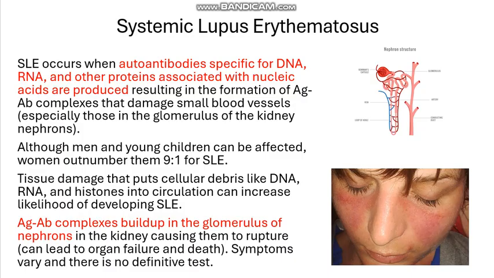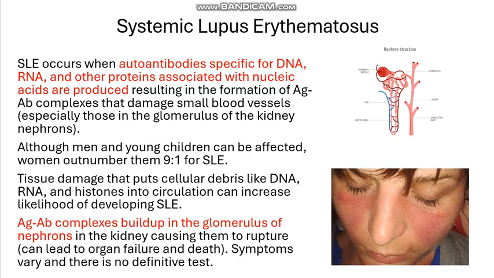So they don't actually enter the filtrate whatsoever. But when these antigen-antibody complexes in lupus damage and rupture the glomerulus of the nephron, it allows these large molecules like glucose and large proteins to enter the filtrate.